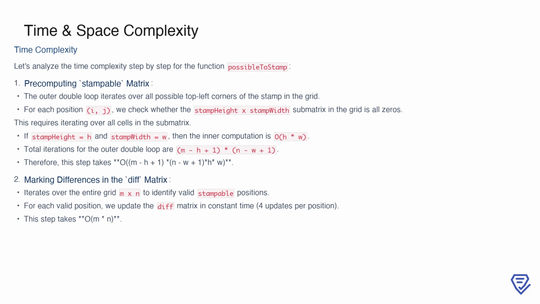Next, we consider marking differences in the diff matrix. Here, we iterate over the entire m x n grid. For each valid stampable position, we update the diff matrix, which involves making a constant number of updates, specifically 4 updates per position. As a result, this step contributes an additional O(m * n) to the time complexity.